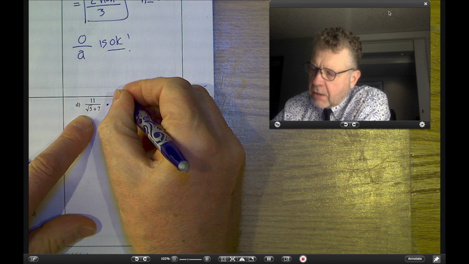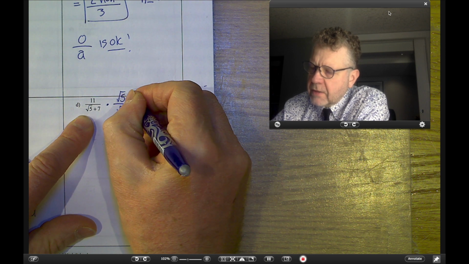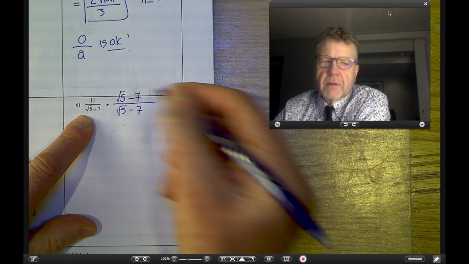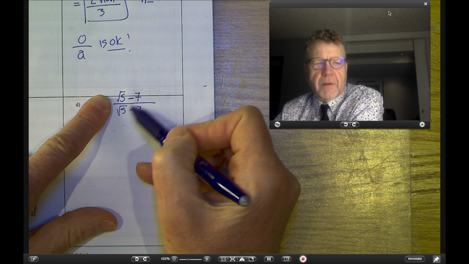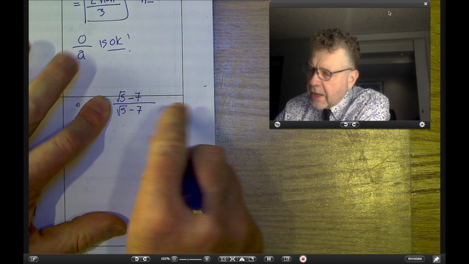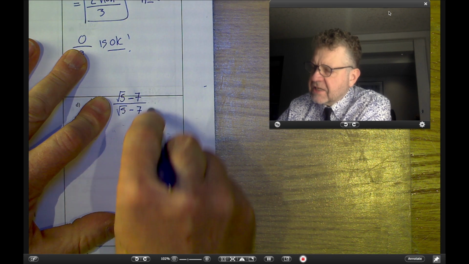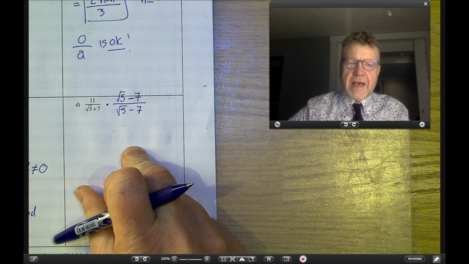And to make the value equal to 1, we have to put a root 5 minus 7 on the top as well, because root 5 minus 7 divided by root 5 minus 7 is just 1, so we're not changing the value of the original expression at all.